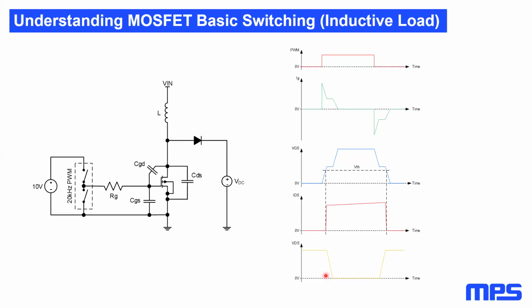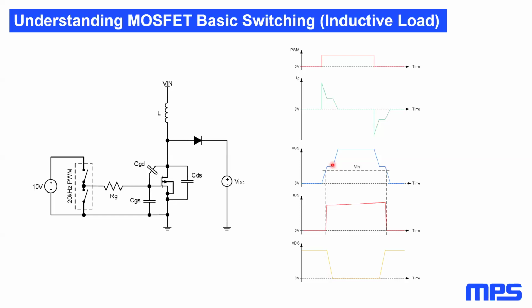The last step of the turn-on procedure is to fully enhance the conducting channel of the MOSFET by applying a higher gate drive voltage. The final amplitude of the VGS determines the ultimate on resistance of the device. In the fourth interval, VGS is increased from the Miller plateau to its final value, around 10 volts in this example.